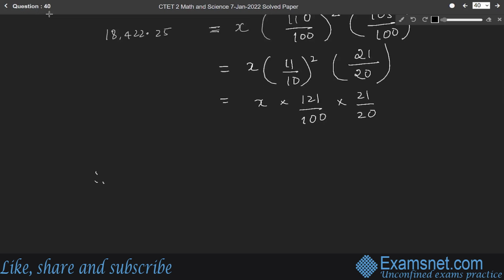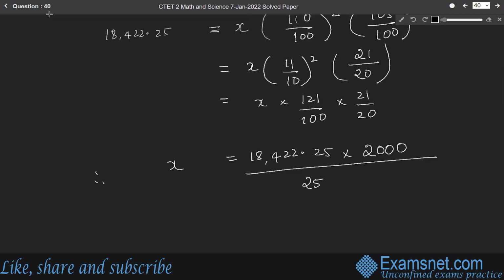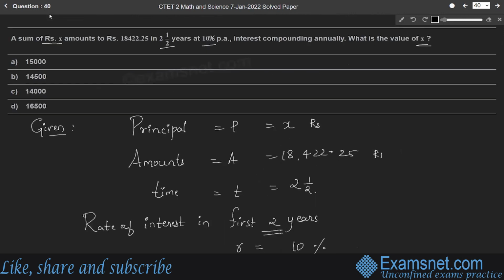Therefore, x is equal to 18,422.25 into 100 into 2,000 whole divided by 121 into 21, 2,541. Therefore, after simplification, we'll get x as 14,500 rupees. Therefore, the principal amount is 14,500. Option B.